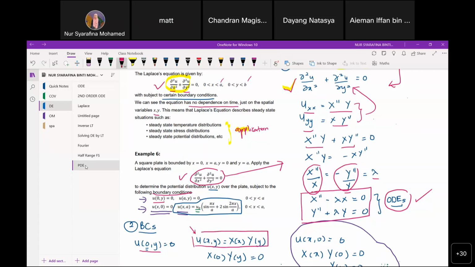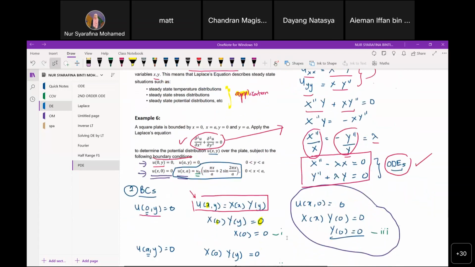So when x is 0, u equals 0, so X(0)Y(y) equals 0. Putting Y to the right hand side will give you X(0) equals 0. So this is your first boundary condition.